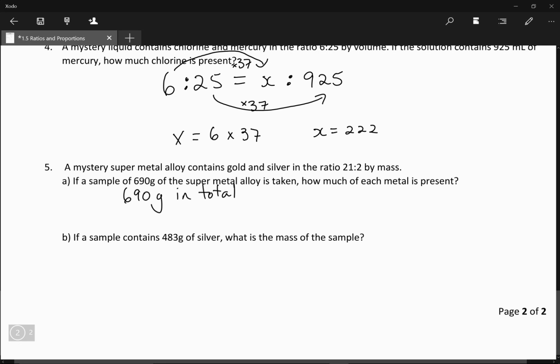Okay, and we know that the total parts is equal to, there's 21 parts gold and 2 parts silver. If I add those two together, in total we have 23 parts. Okay, so if we have 690 grams and I divide that by 23 parts, then I'm going to have approximately 30 grams per part.